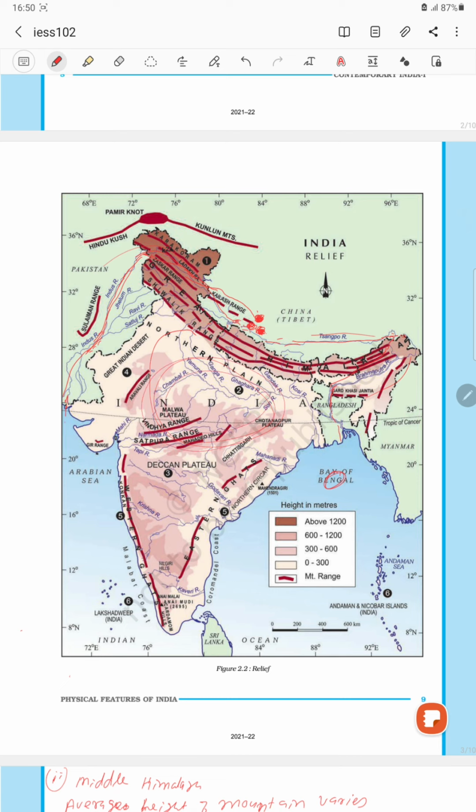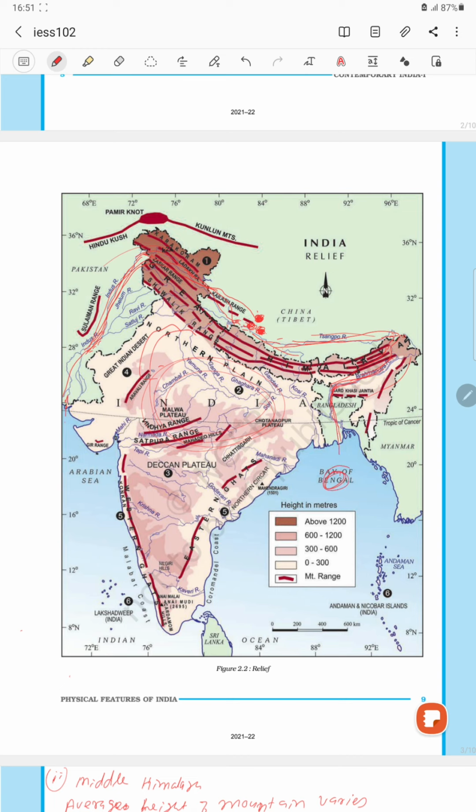Clear? This is basically the northern plain, and it is formed with the help of one, the Indus river system. This is the Indus river that originated from this region, and enters here. And here is the Brahmaputra. You can see that it enters. Brahmaputra is known as Sangpo in Tibet. When it flows in India, then it is known as Brahmaputra. After India, it enters Bangladesh and then falls in the Bay of Bengal.